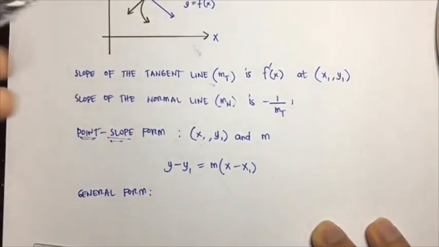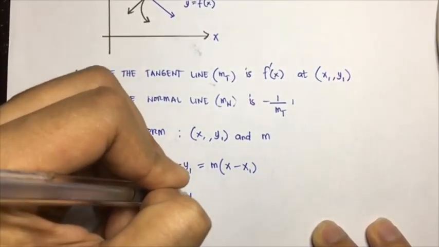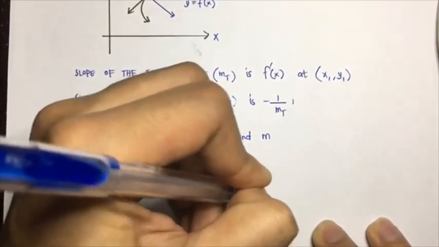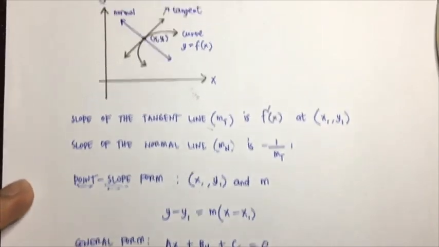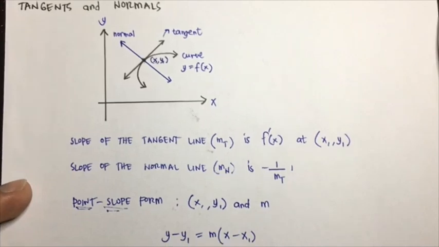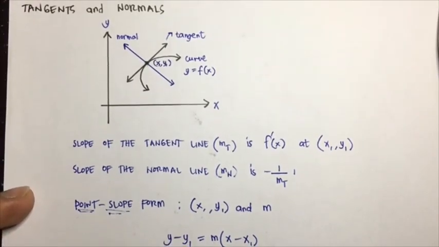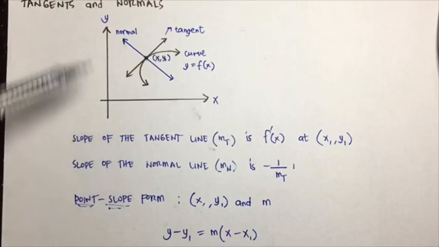The general form of the lines is ax plus by plus c is equal to 0. Those are the things that we should remember. So let's try to solve some problems using the details we have discussed here.